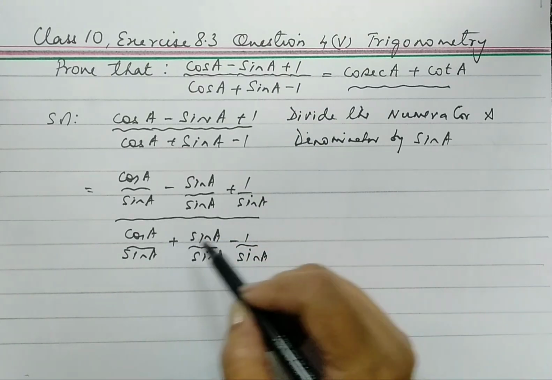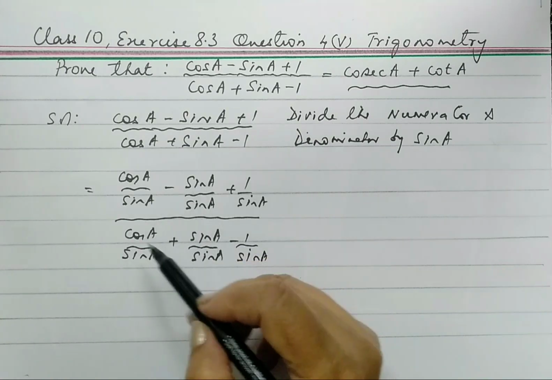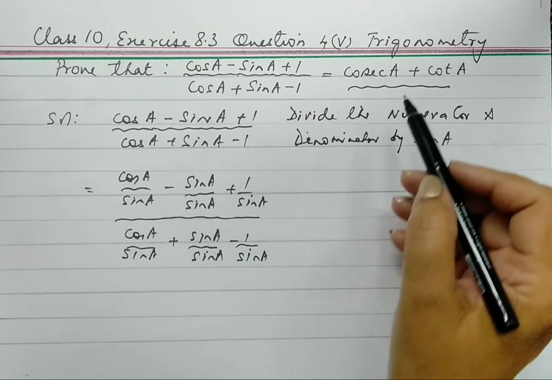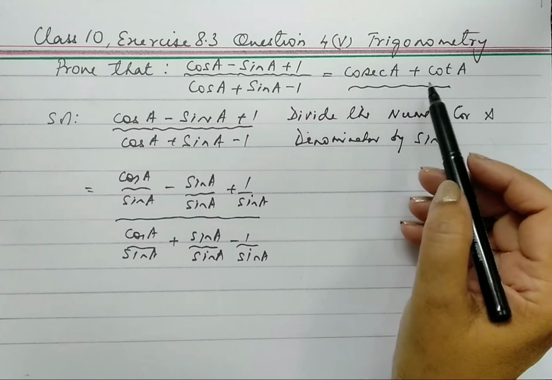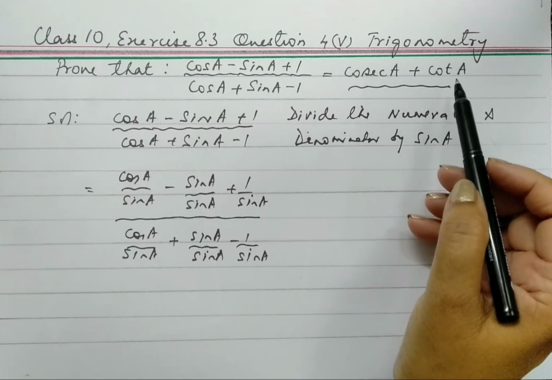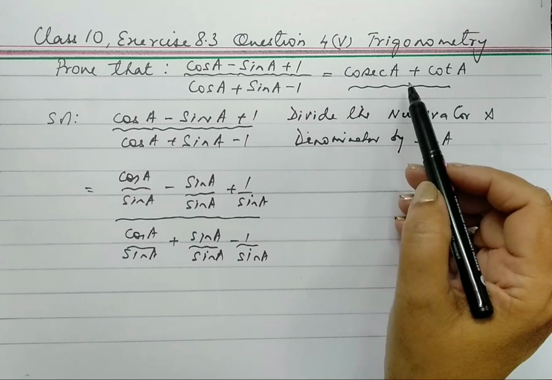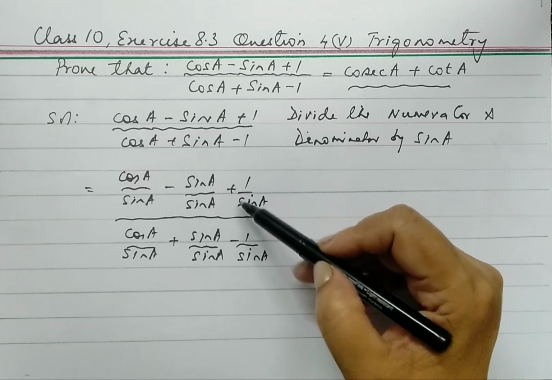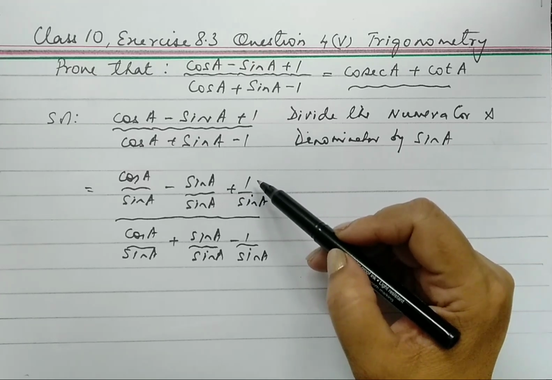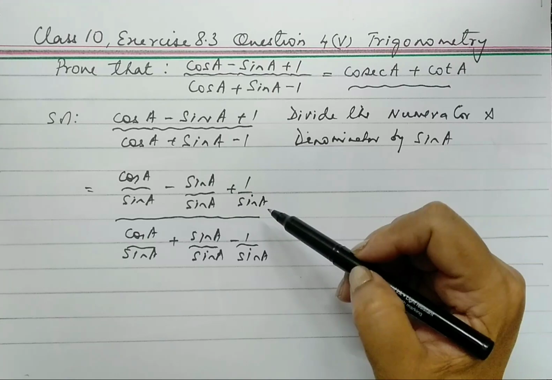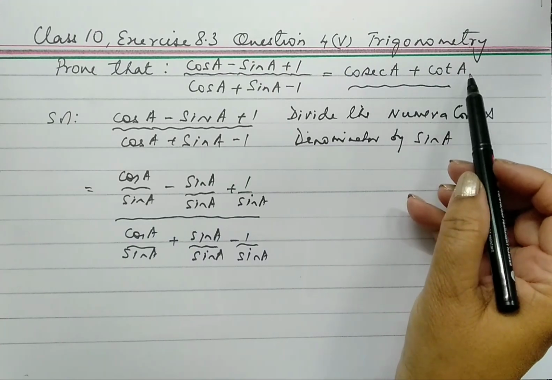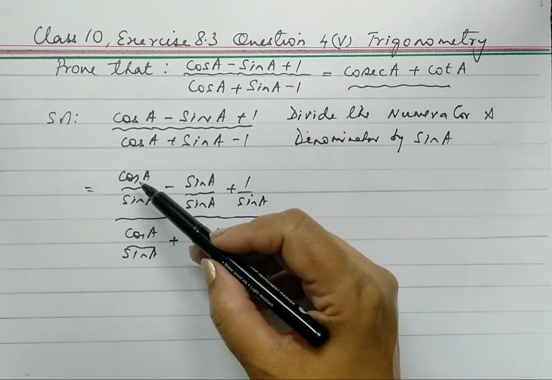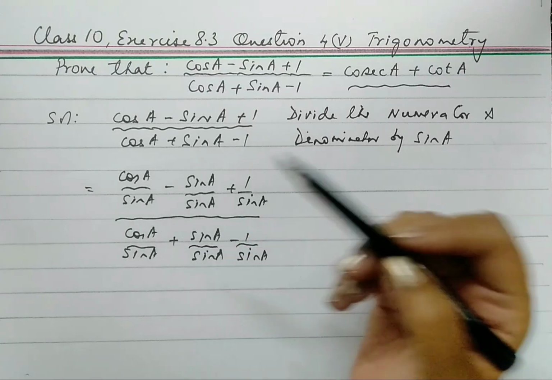Somebody should ask. We are doing this so that eventually, because on the right hand side we have cosec and cot, we can achieve cosec by converting 1 by sin A, and cot by converting cos A upon sin A, isn't it?